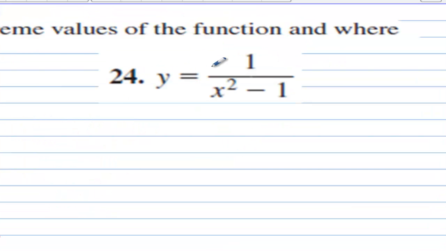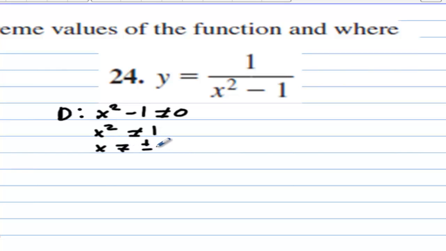Number 24, y equals 1 over x squared minus 1. Let's start this one by looking at the domain. x squared minus 1 cannot equal 0 because we can't allow the denominator to be 0. So x squared cannot equal 1, and so x cannot equal plus or minus 1. The domain is everything except 1 and negative 1.